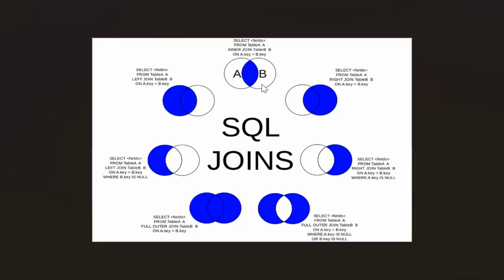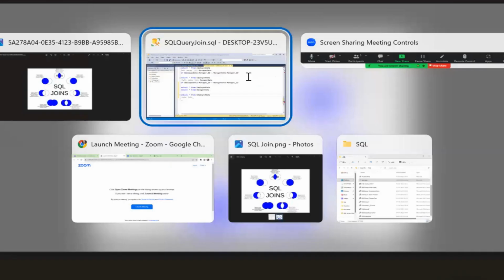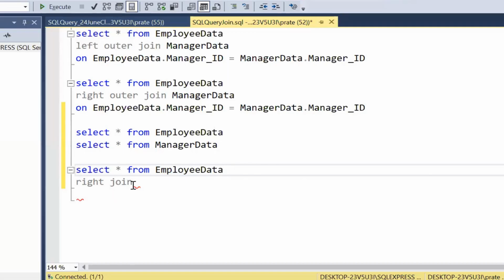This one is inner join. So here we are taking the matching values from both the tables. We will be writing the query like this. If we only write join, that is also fine.